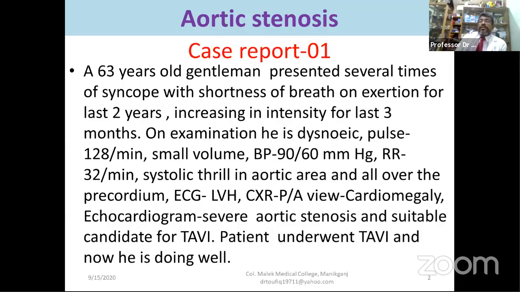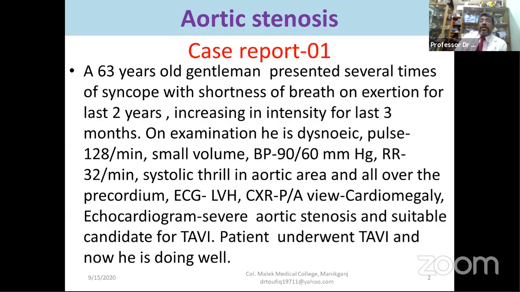And what are the laboratory investigations that may help in the diagnosis of aortic stenosis? On ECG, usually we get features of left ventricular hypertrophy, as there is an obstruction of blood flow from the left ventricle to the aorta through the stenosed aortic valve.